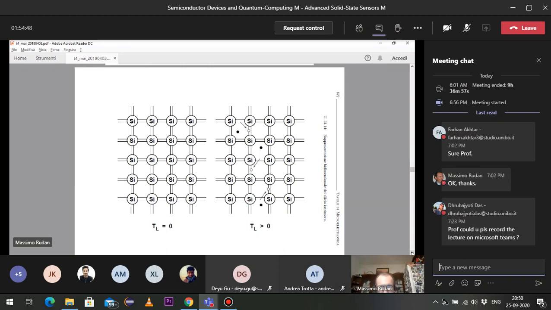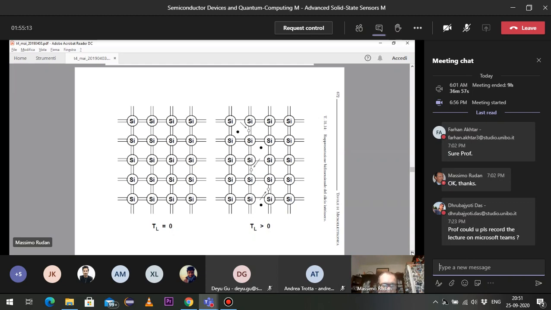for graphics, okay? So it is customary to use a non-realistic description of the silicon crystal. That is the one that is shown in this page, such that we place all the silicon atoms on the same plane.